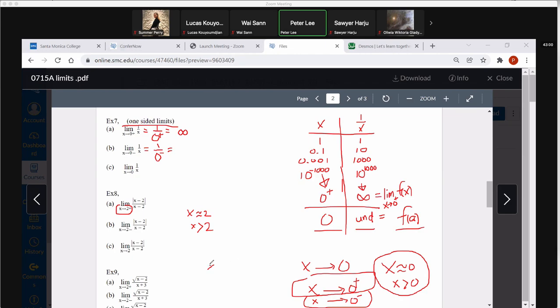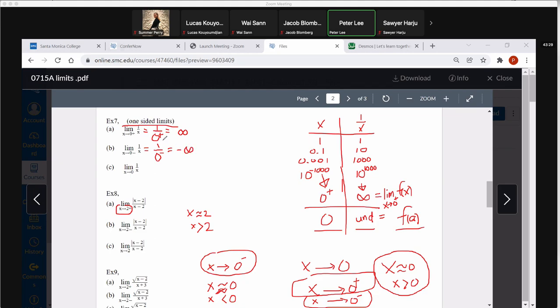When you say x is approaching 0 minus, what does that mean? X approaching 0 minus means x is close to 0, and at the same time, x is less than 0. In mathematical notation, we say x is approaching 0 from the minus side, from the left side. In this case, this is going to be minus infinity, you're right.